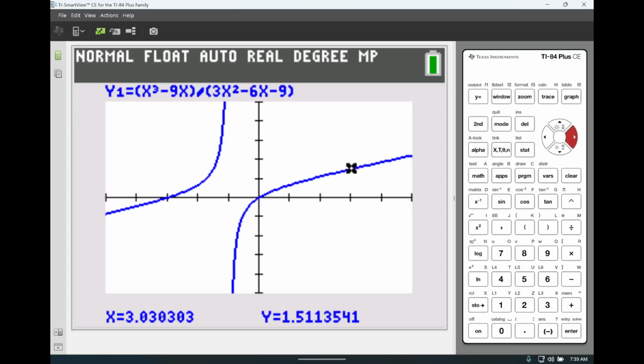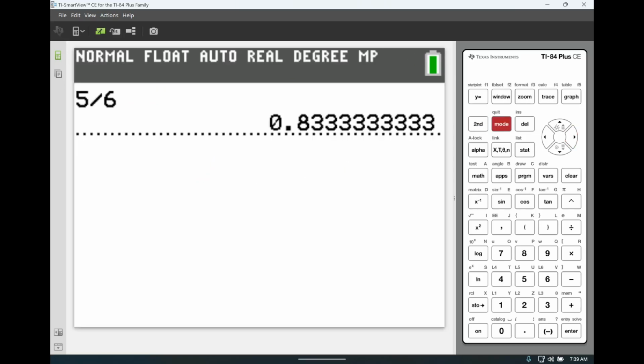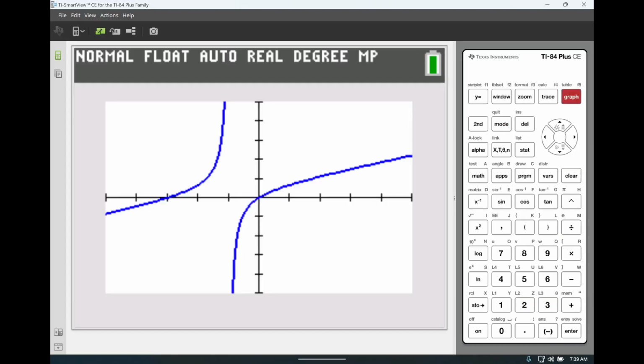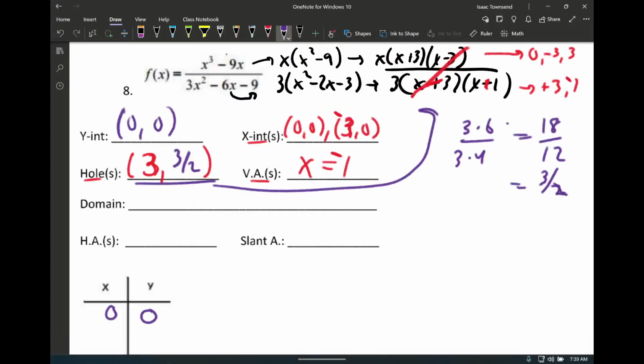Move it a little bit to the right of 3. See that it's around 1.5. And we were saying the y value was 3/2, which is of course 1.5. So 1.5 is this point that is missing. We can tell by comparing the decimals directly to the left and to the right of that. Okay, so now finally that looks good.